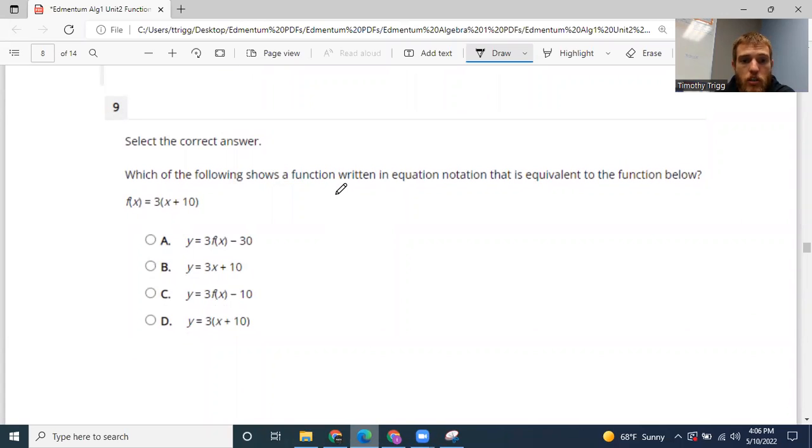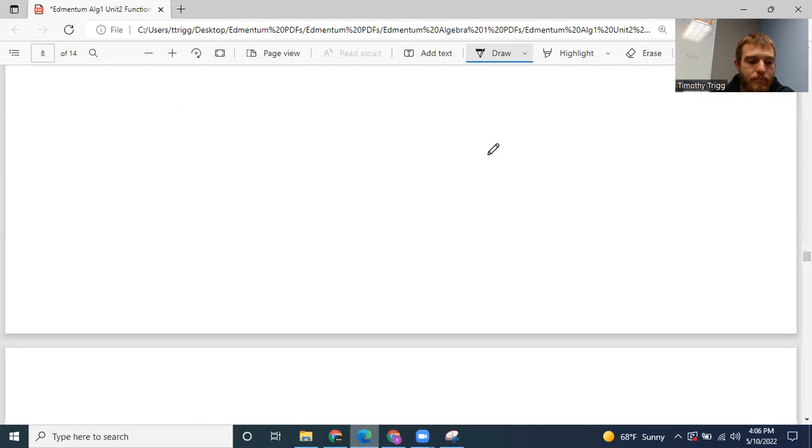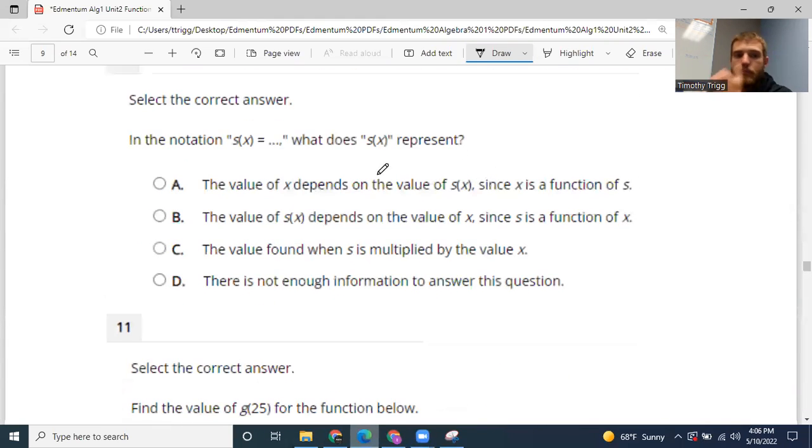Which of the following shows a function written in equation notation that is equivalent to the function below? So remember, you just replace f of x with y. That's it. In the notation s of x equals blah, blah, blah, what does s of x represent? Well, s of x is the dependent variable.